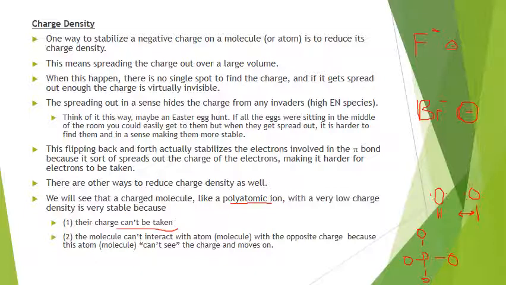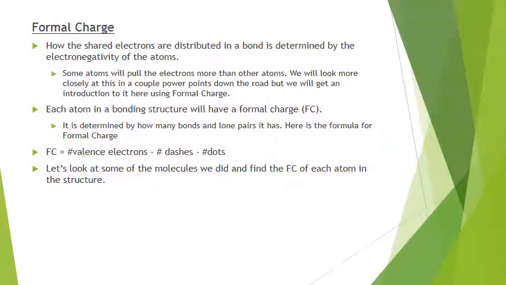It has 5 atoms, and it's PO4 3 minus. That 3 minus ends up getting shared all around this molecule, and we'll see how that works. When it does that, it's harder for this molecule to lose it.